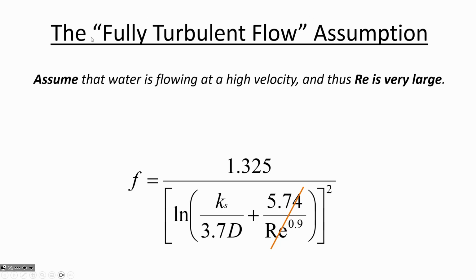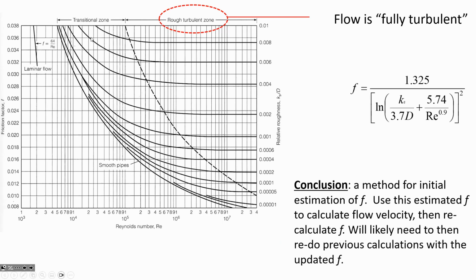So fully turbulent is the phrase that we use to describe really high velocity. And it's not unrealistically high. Sometimes conditions are fully turbulent. And what that means, when the conditions are fully turbulent, is that the f value is no longer affected by any further increases in velocity.